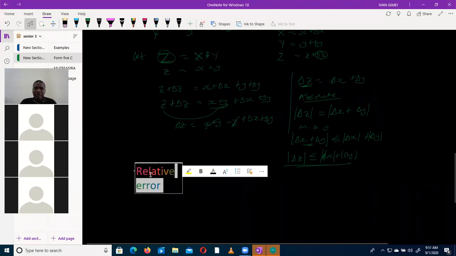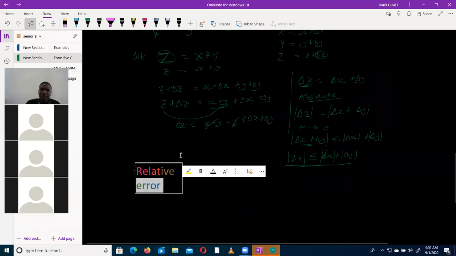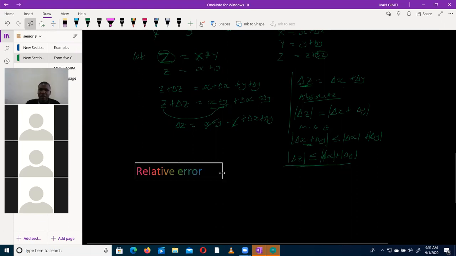How did we define relative error? Can somebody tell us the definition of relative error? We looked at these things. How did you define relative error?